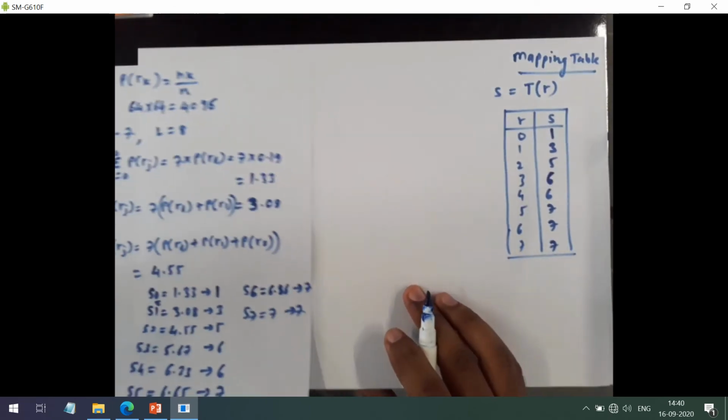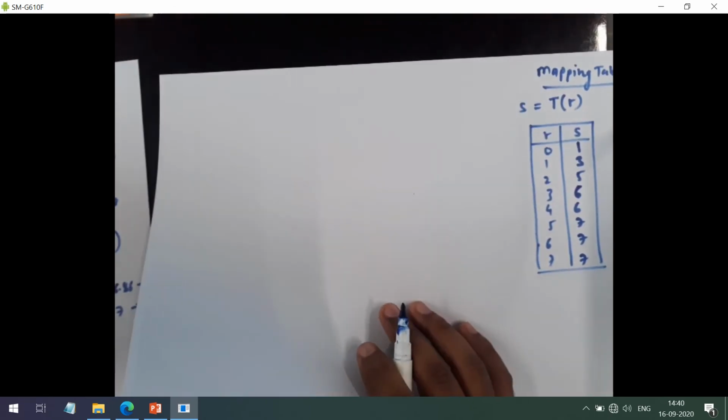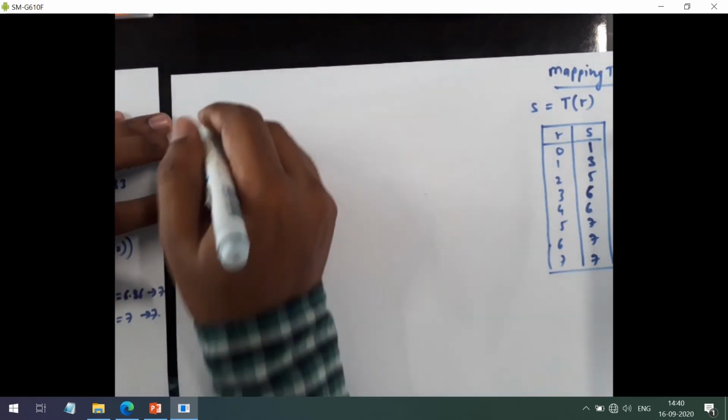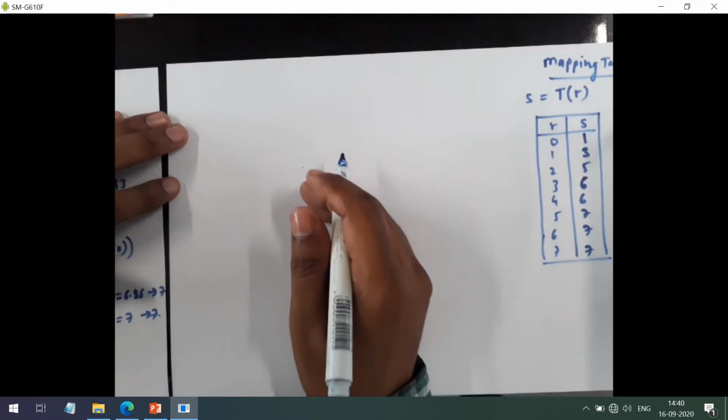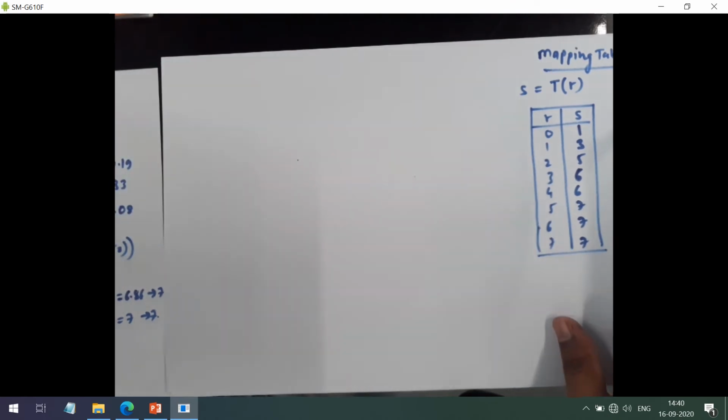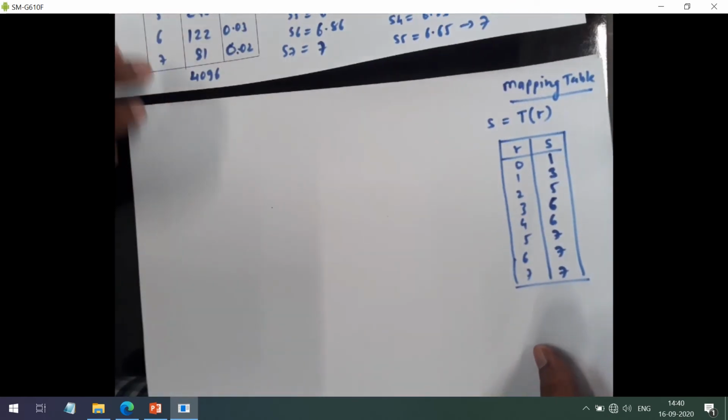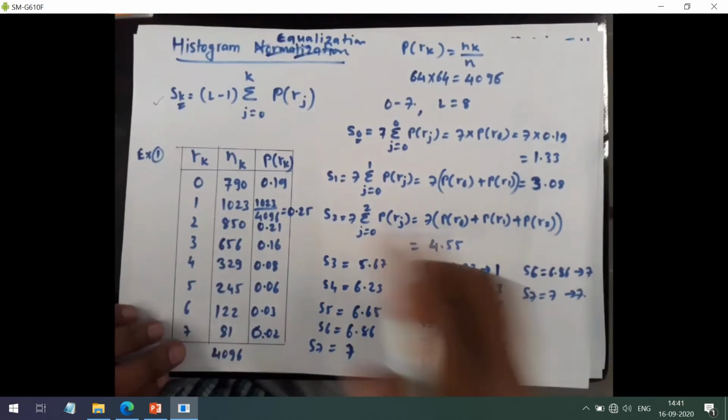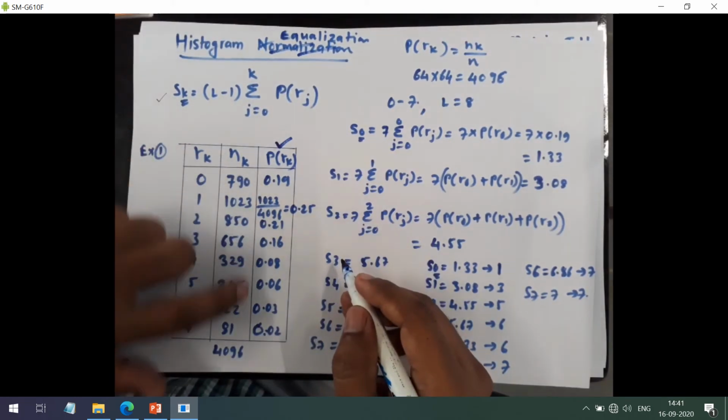Now we will draw the histogram of the input image. Okay, and we will draw the normalized histogram, not the original histogram. So this is our normalized histogram, right? So we have to plot these values.